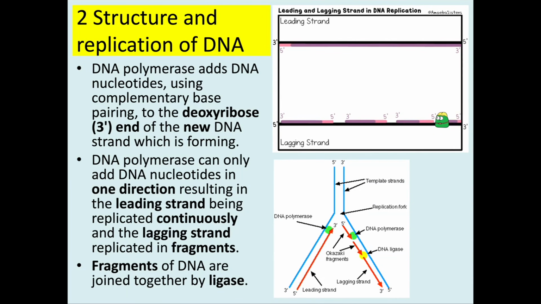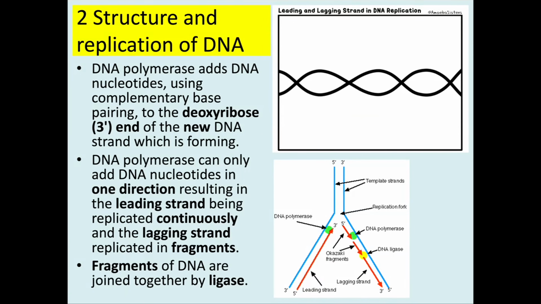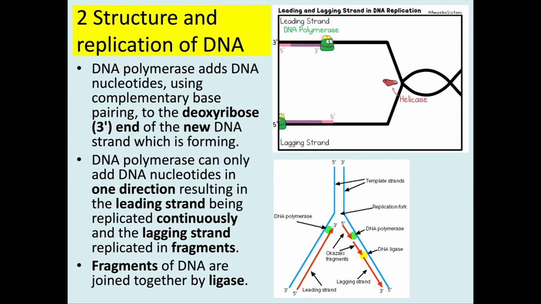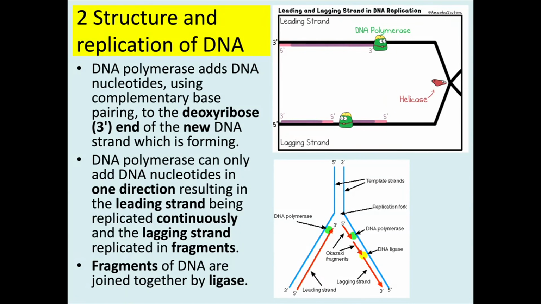Now, the reason for that is because the strands in DNA are anti-parallel, okay? And because DNA polymerase can only add nucleotides to the deoxyribose, the 3' end of the new DNA strand which is forming, that means that it has to do one of the strands continuously, but the other strand has to be replicated in fragments. And we can see that on our diagram here, okay?